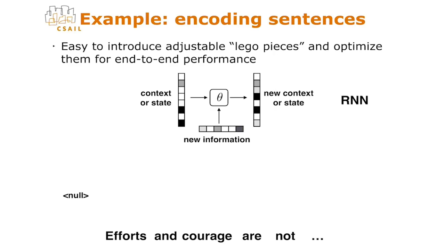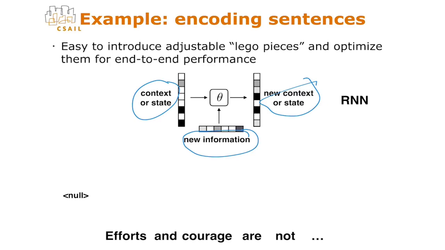To do that, we will need to take what we have already, which we call context or state here, add new information, which in our case will be a new word, and apply a box that is the transformation that combines the summary that we have so far and the new information given by the new word, and turns that into a new representation of the state or the summary.